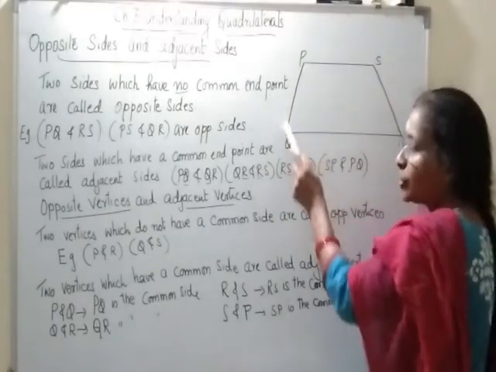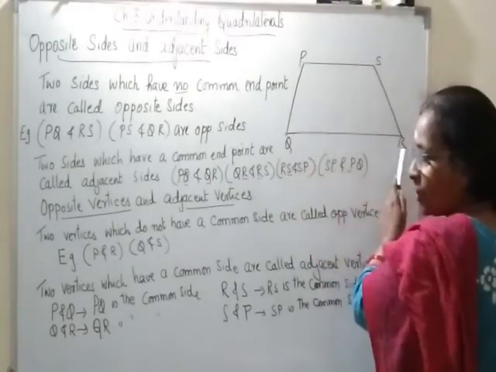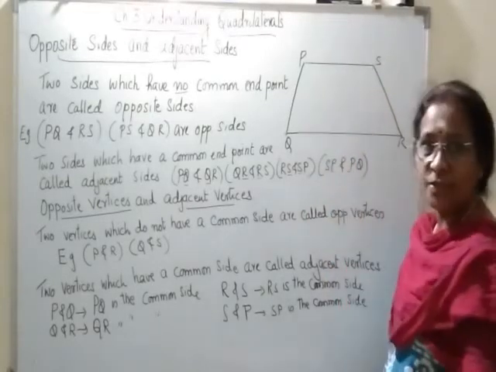Here you see P and Q are adjacent, Q and R are adjacent because QR is common to them. R and S are adjacent, S and P are adjacent.